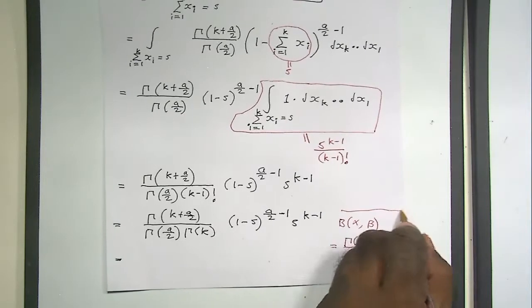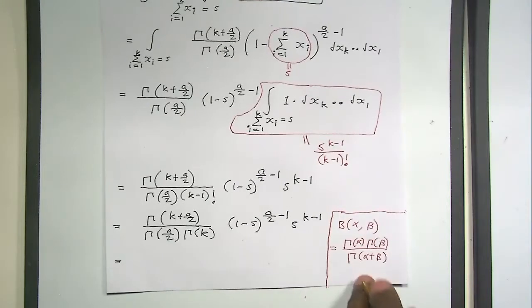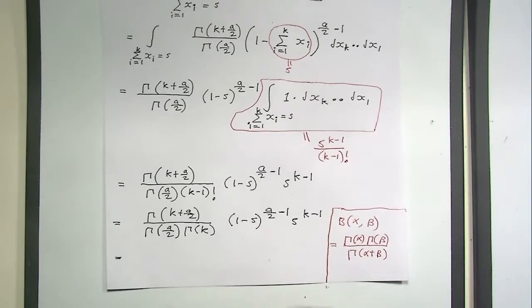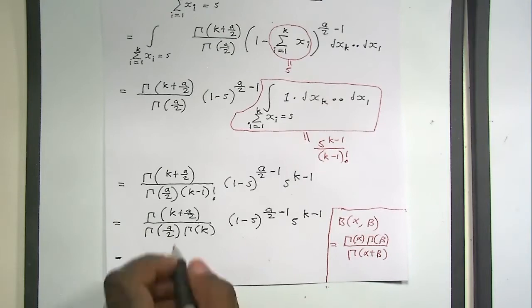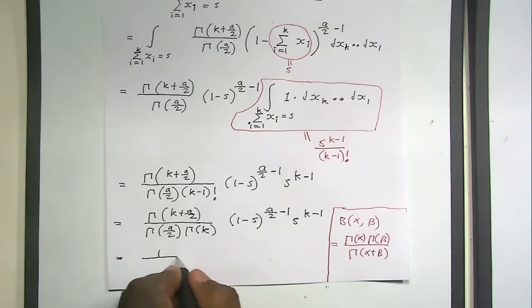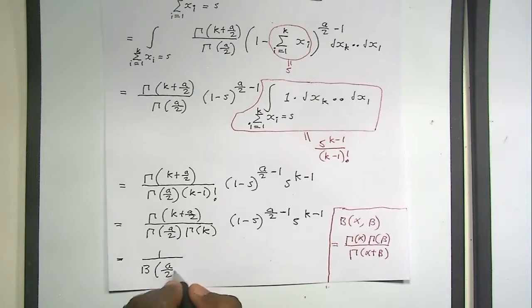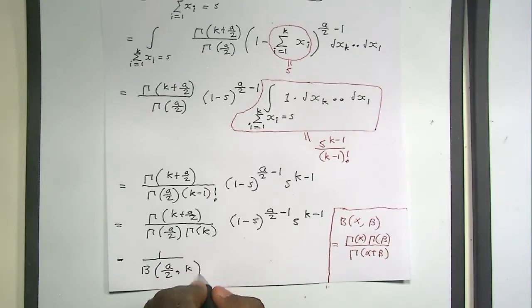Now this is a property of the beta function. So using this property, you can write this as 1 divided by the beta function at a by 2 comma k.